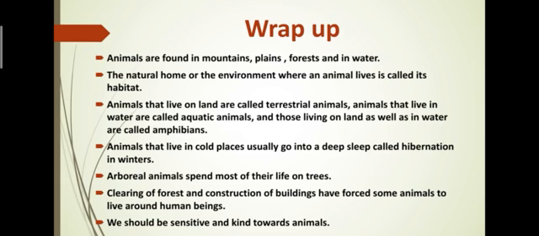Animals that live on land are called terrestrial animals. Animals that live in water are called aquatic animals, and those who live on land as well as in water are called amphibians.